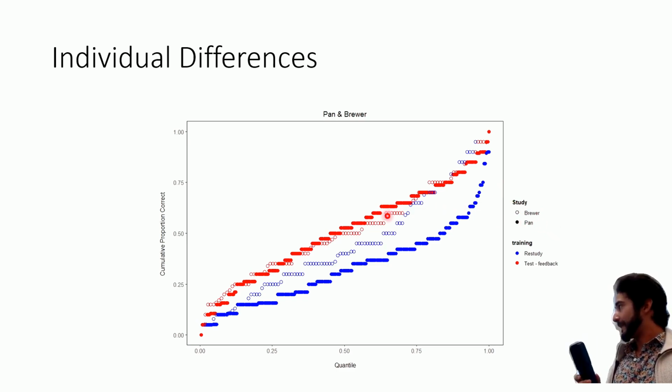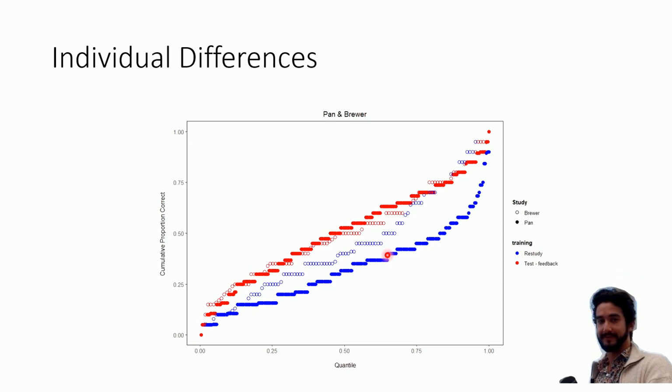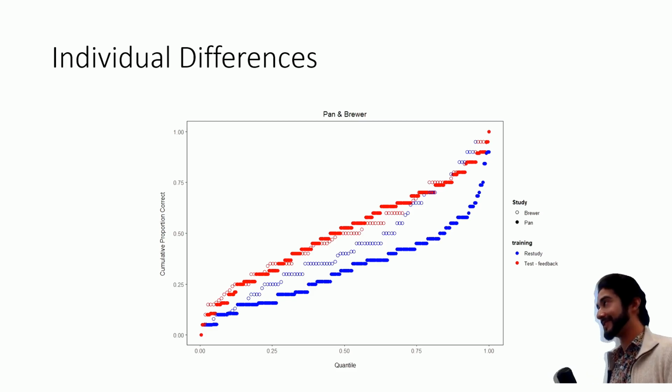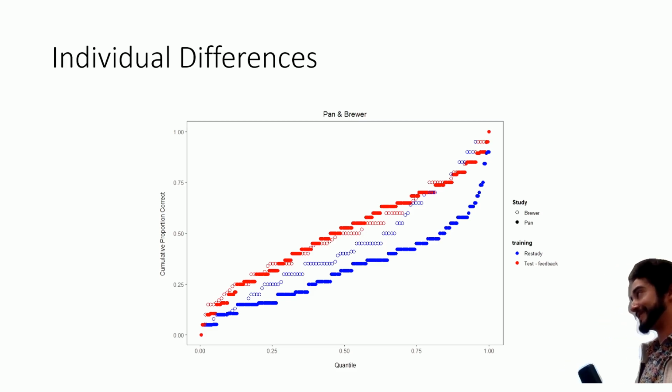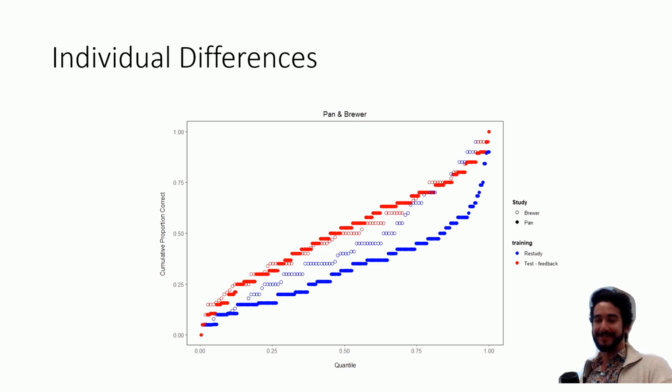And so we see the test again, the PCT values are overlaying each other as they go up, but on the restudy values, the Brewer is much higher and much closer to the PCT values than Stevens' study. So again, showing that same pattern of the forward testing effect. And so this is important. If you're interested in looking at individual differences, you should not have those tests before you do the cued recall task.